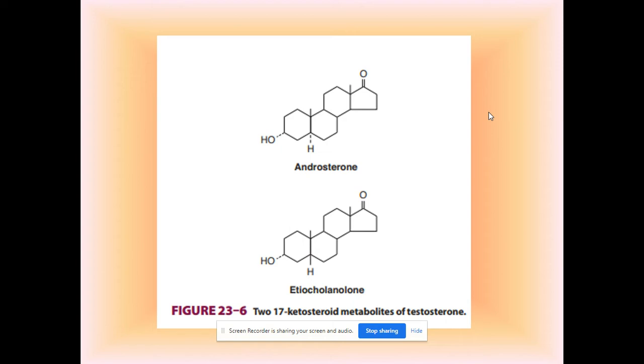Although most of the 17-ketosteroids are weak androgens, with 20% or less the potency of testosterone, it is worth emphasizing that not all 17-ketosteroids are androgens, and not all androgens are 17-ketosteroids. Etiocholanolone, for example, has no androgenic activity, and testosterone itself is not a 17-ketosteroid.